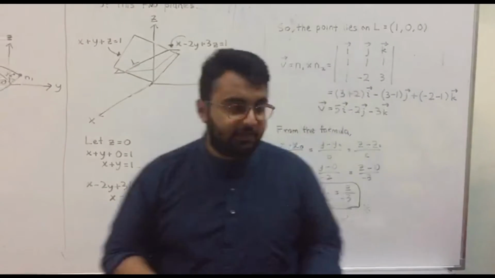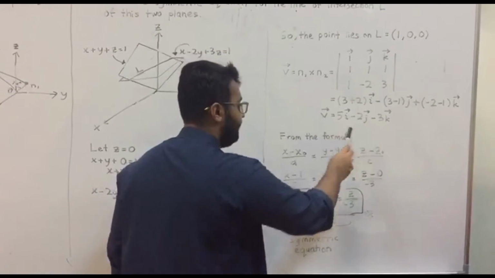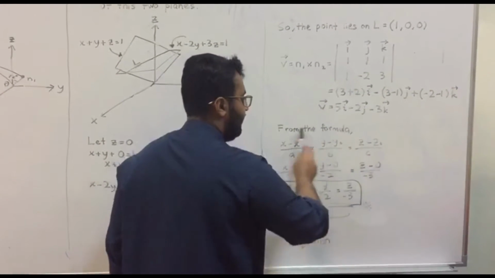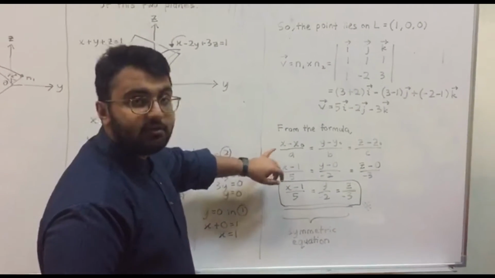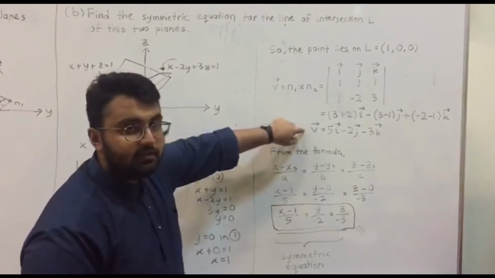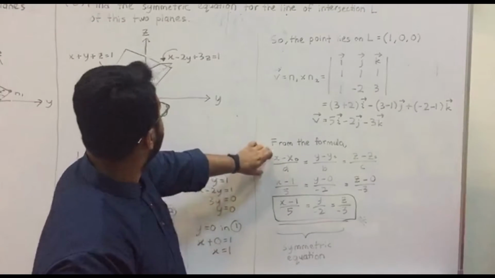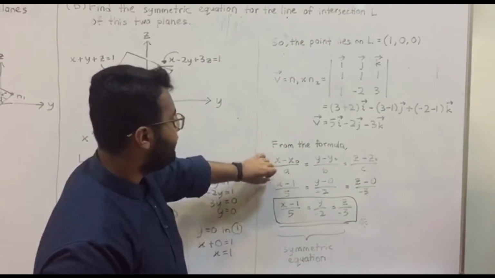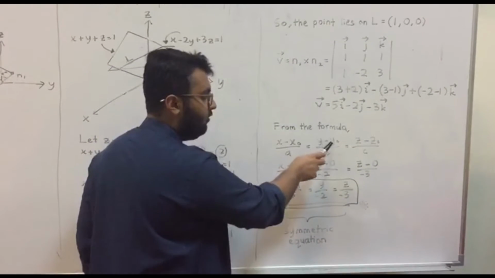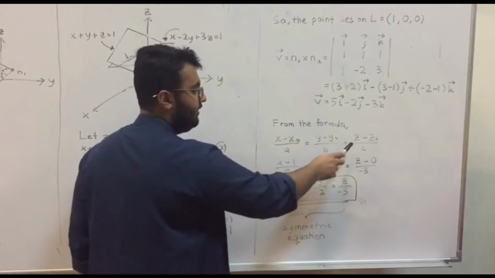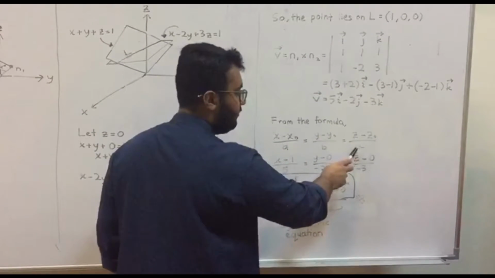Since we already have the vector, we use this formula to find the symmetric equation: x minus x naught over a equals y minus y naught over b equals z minus z naught over c.